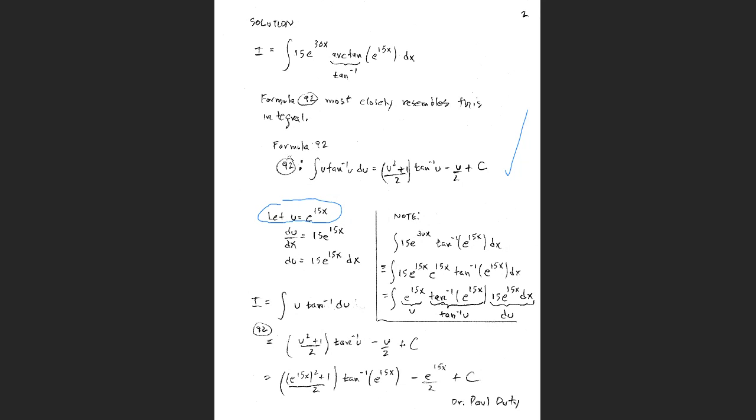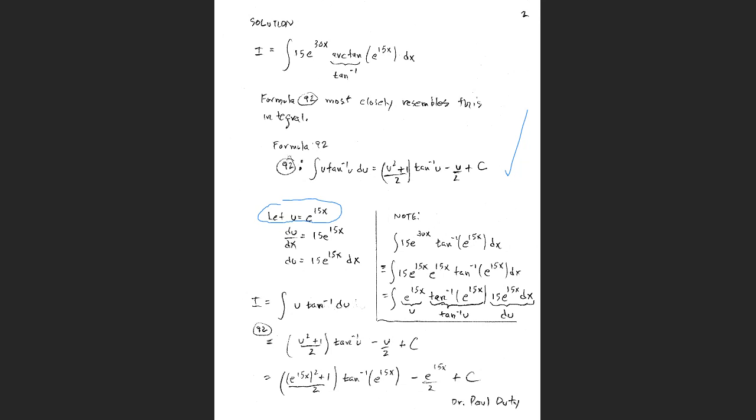Hi, Dr. Judy. Yes, Susanna. I think you mentioned it, but why did you choose 92 instead of 95, with u squared? Actually, if n equals 1, formula 95 collapses into formula 92.